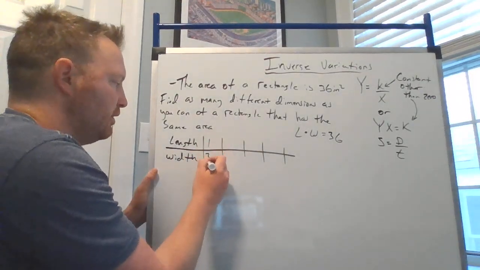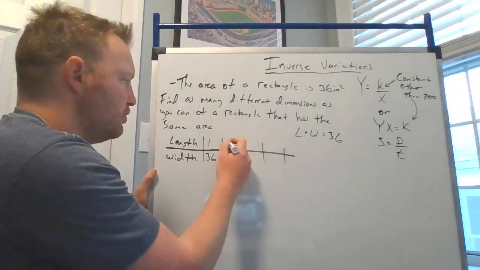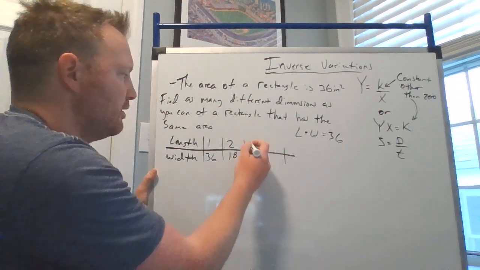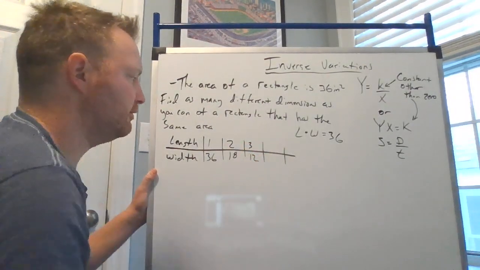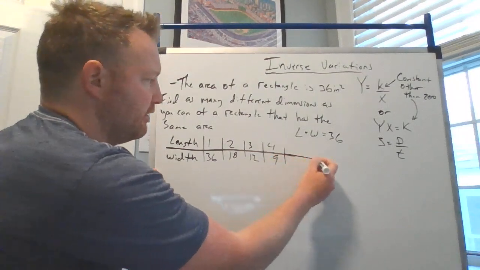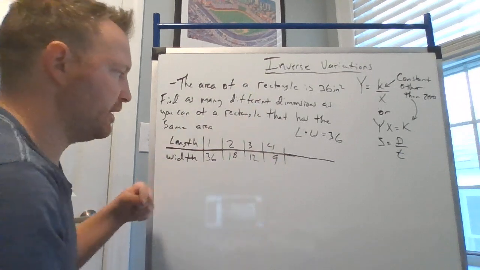We'll always do the easy one, 1 and 36, that works there. Let's do 2 and 18, okay, keep going. 3 and 12, and another one, 4 and 9. Now on the flip side, the widths and the lengths are going to switch around a little bit, okay?